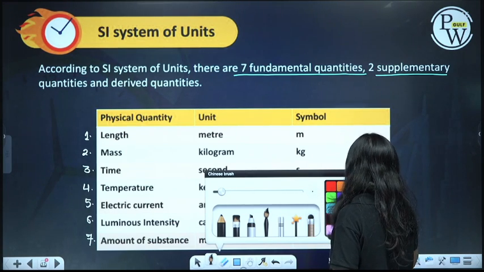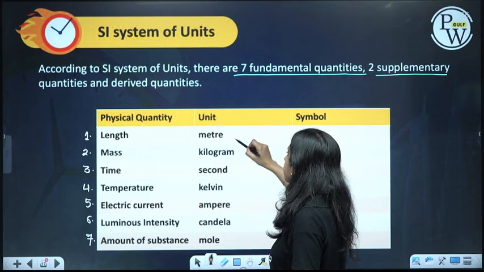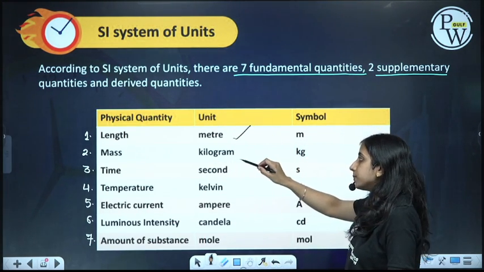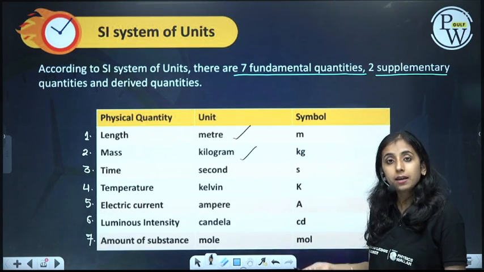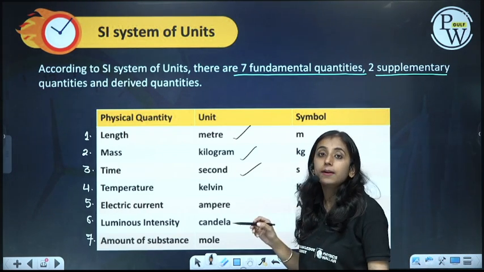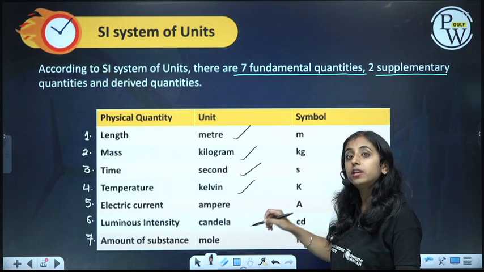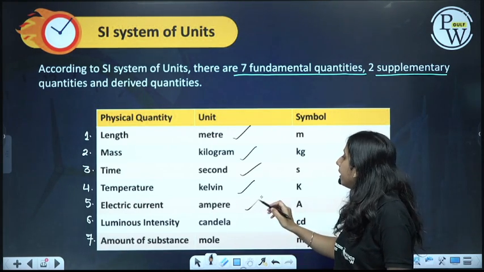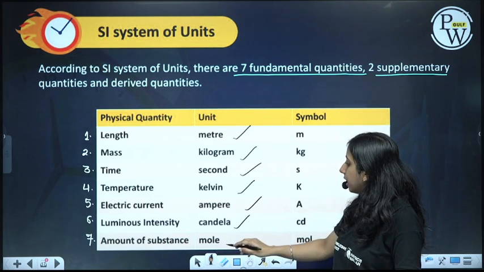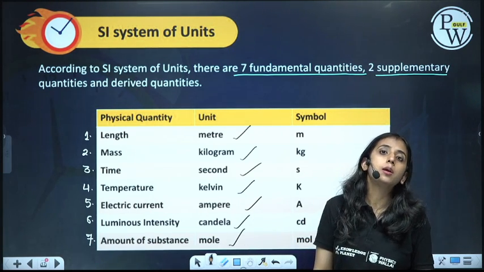Now let us see what their units are. Length is measured in meters, mass in kilograms, time in seconds, temperature in Kelvin, electric current in amperes, luminous intensity in candela, and amount of substance in moles.